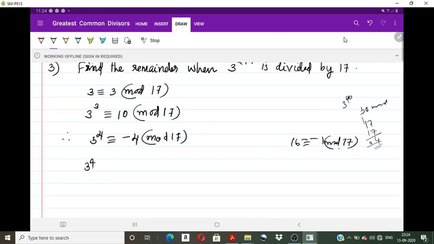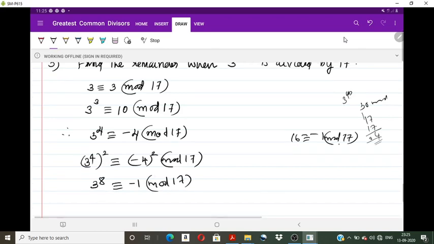So 3 raised to 4 squared is congruent to minus 4 squared modulo 17 using the above theorem. So 3 raised to 8 is congruent to 16, and 16 is congruent to minus 1 modulo 17. Now again squaring, we have 3 raised to 16 is congruent to 1 modulo 17.